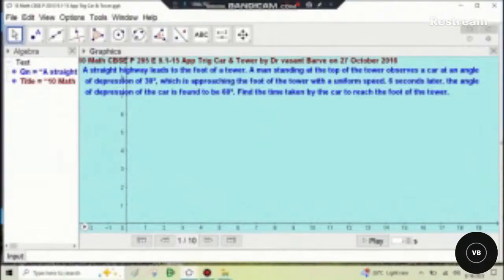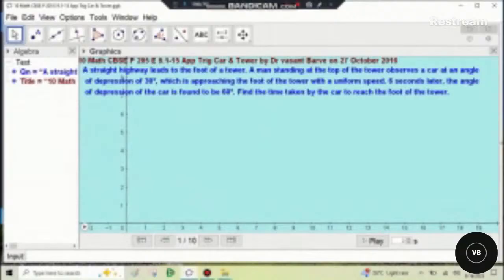Now here, this problem is from 10th Math CBSE on page 205. Okay, so a car and tower, call it. A straight highway leads to the foot of a tower. A man standing at the top of the tower observes a car at an angle of depression of 30 degrees.